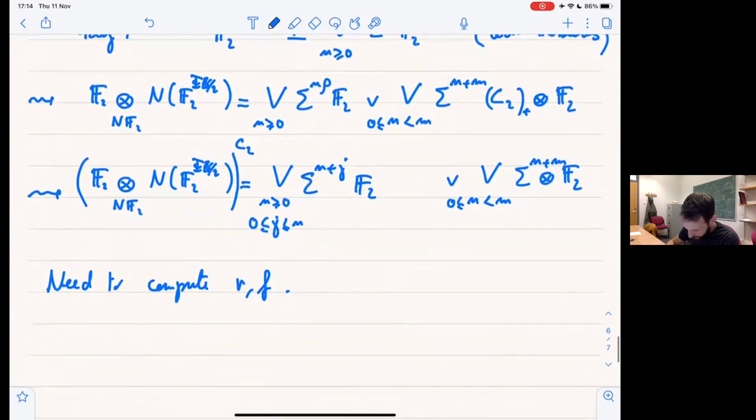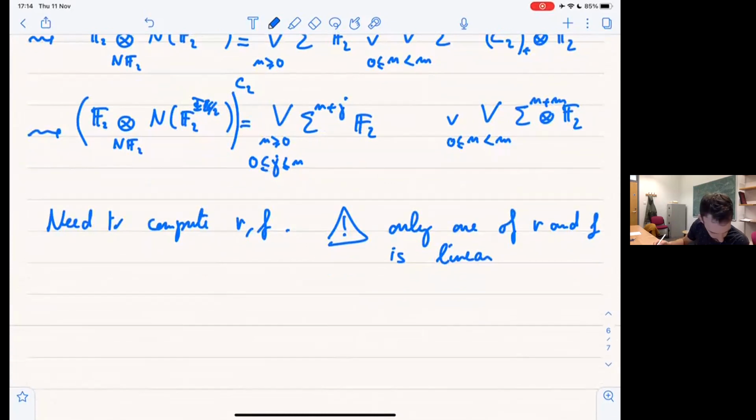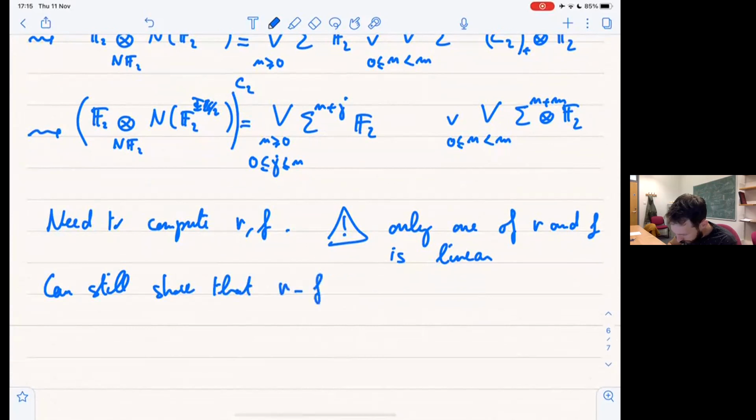So let me say only one of R and F is linear over XZ. But you can still show that R minus F, so we want the equalizer of R and F, so we're equivalent to the fiber of R minus F, and this map R minus F is an equivalence on odd degrees.